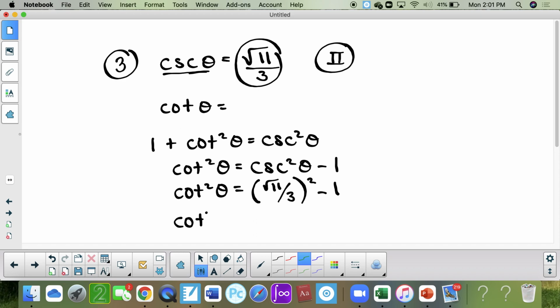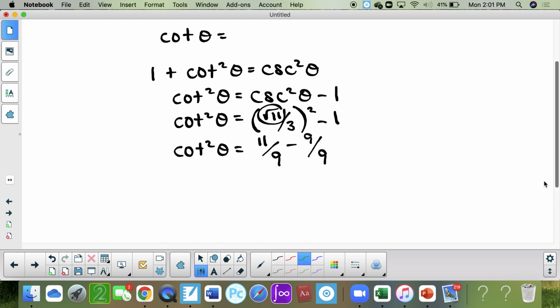So cotangent squared theta is equal to the square root of 11 times the square root of 11 is 11, and 3 times 3 is 9, minus, and I'm going to change the 1 to 9 over 9, which gives you cotangent squared theta equal to 2/9, because 11/9 take away 9/9 is 2/9.